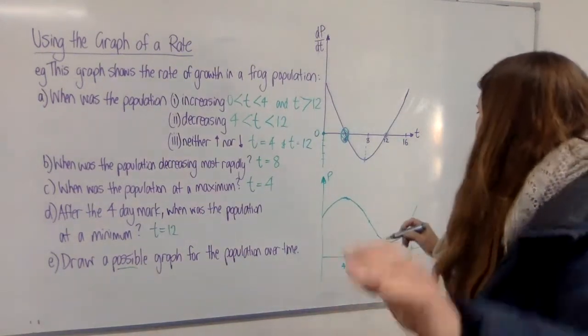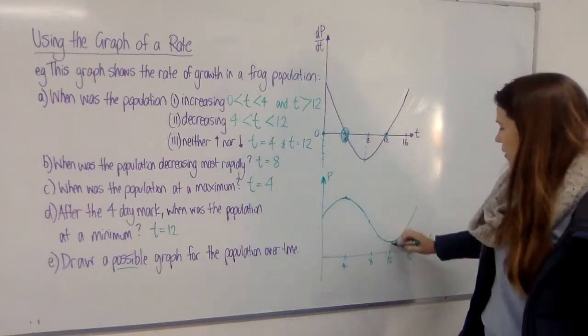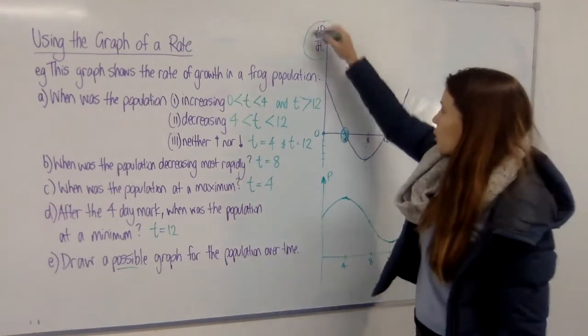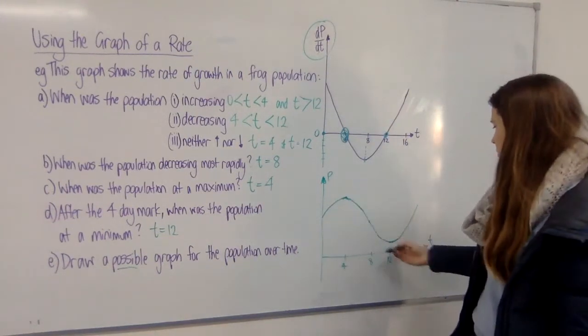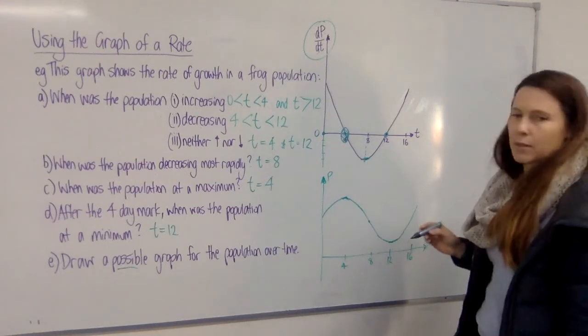And the key points, we've got stationary points when we found that the rate of change was 0, so the actual population must have had a stationary point, and the stationary point on this graph gave us a point of inflection on this one.